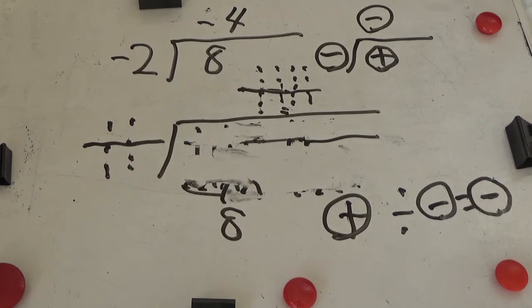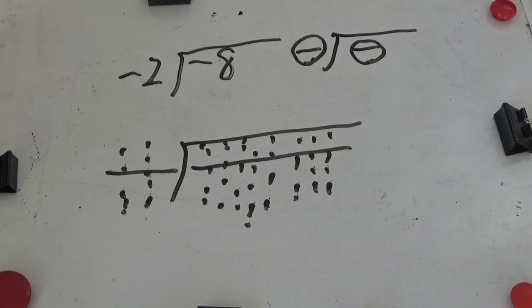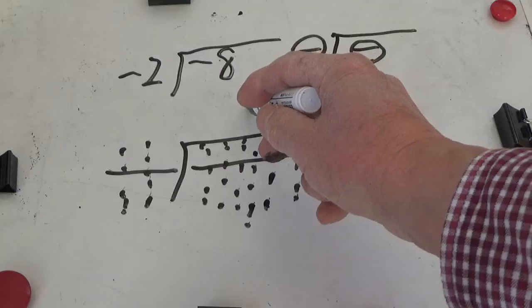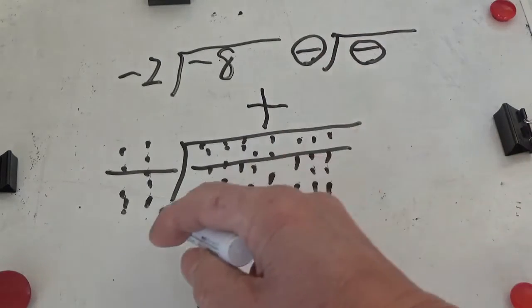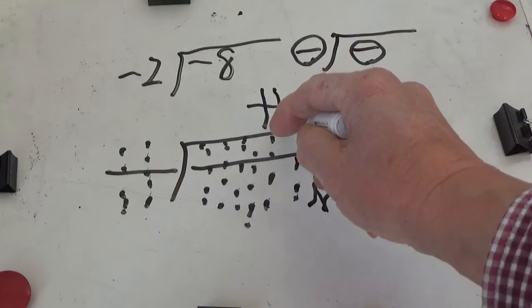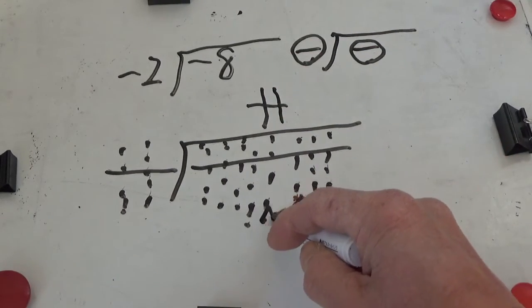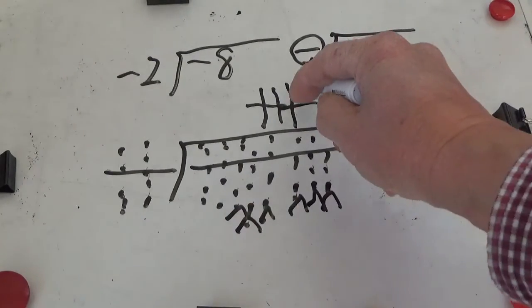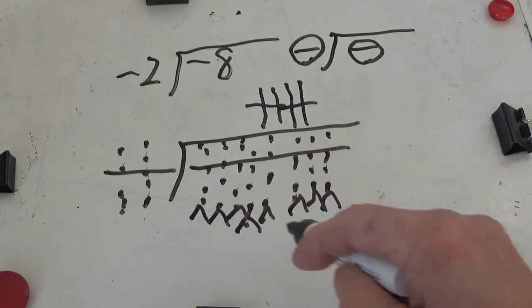Okay. Then I will try minus value divided by minus value. First I will subtract once, so this vanishes, okay? And twice, this also vanishes. And 3 times, this vanishes. 4 times, this vanishes.